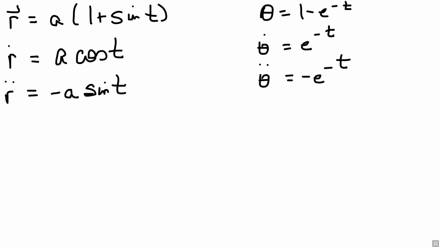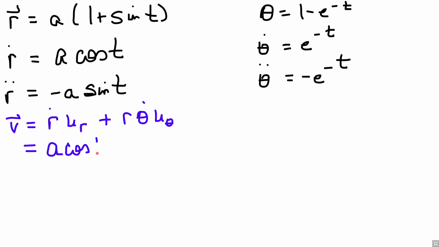So we know that the velocity vector is defined as r dot in the u_r direction plus r times theta dot in the u_theta direction. In place of r dot, we're going to put a cosine of t, plus in the u_theta direction we're going to do r times theta dot.